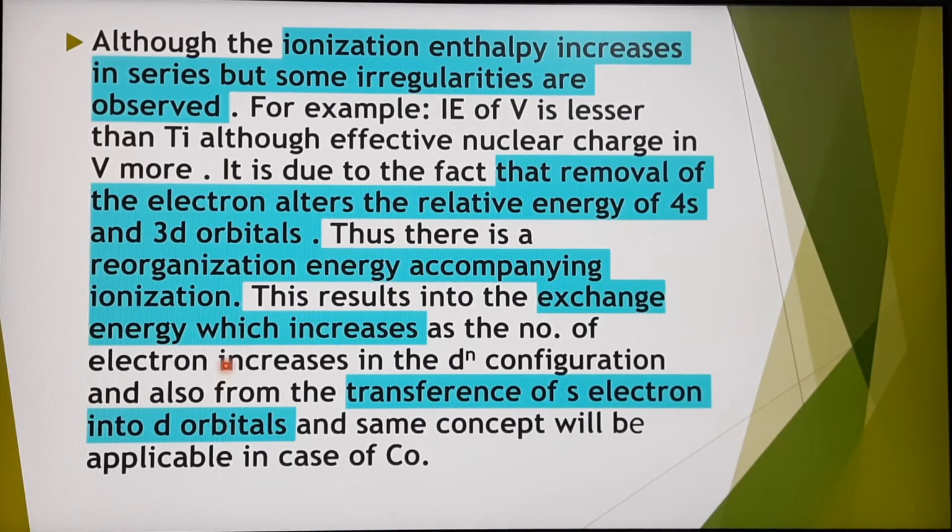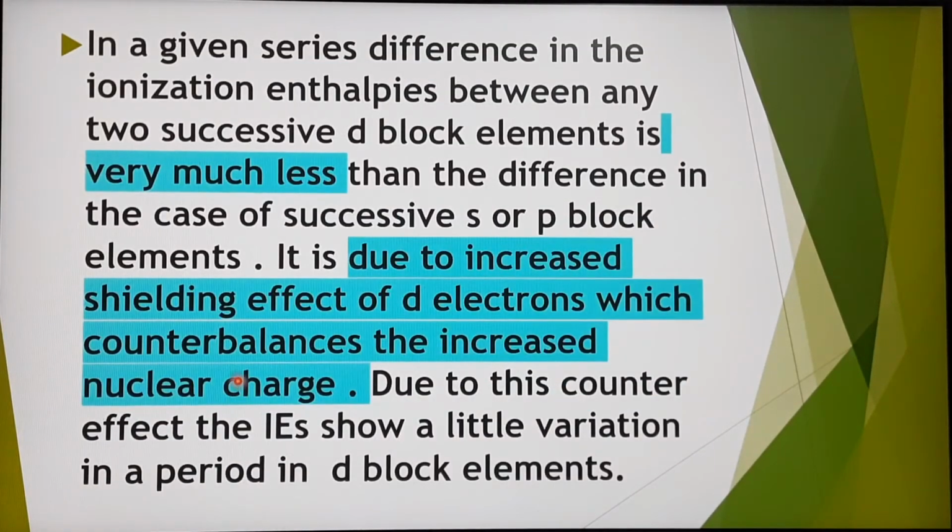This energy is known as exchange energy, as you have studied already during the explanation of half filled and fully filled configuration of chromium and copper. So this reorganization energy helps in explaining the irregularity in the data of vanadium, and somewhere in case of copper the same concept is applied. Remember it, children, that exchange takes place between orbitals having the same spin.